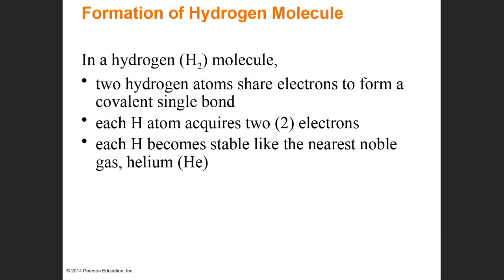So simplest molecule is hydrogen. Okay, hydrogen is formed from two hydrogen atoms. Okay, hydrogen atom just consists of a single proton in the nucleus and an electron moving around that nucleus.